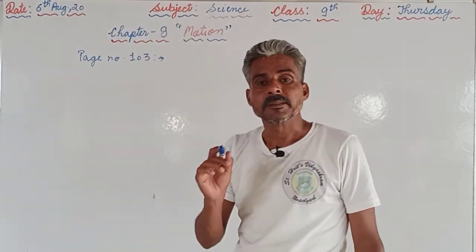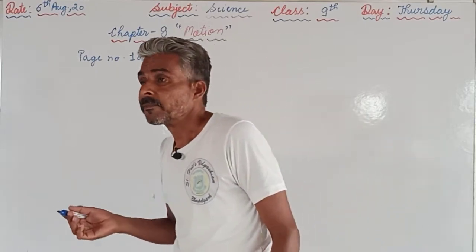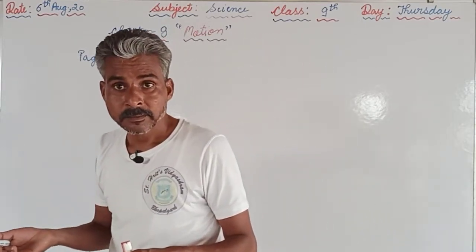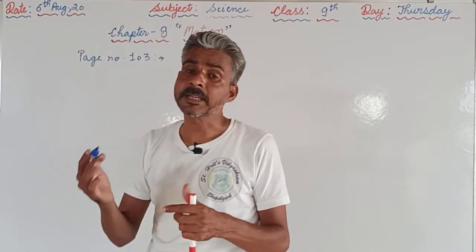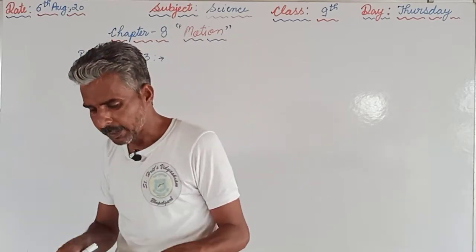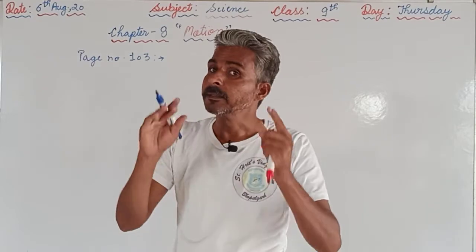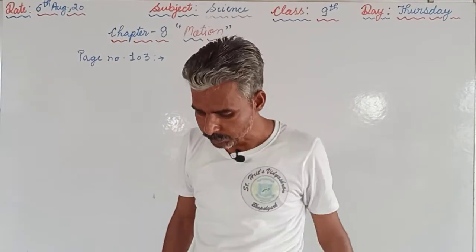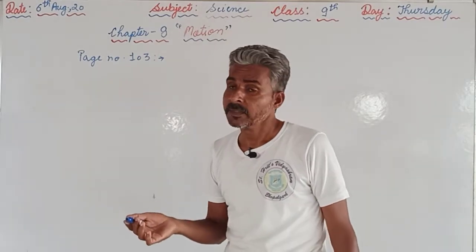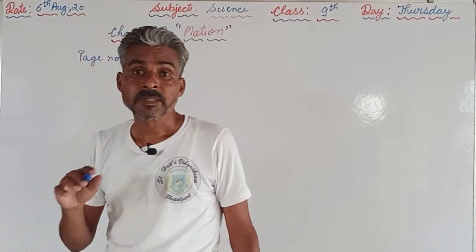First part, when the object is moving with uniform acceleration: if the rate of change of velocity, means either it is increasing or decreasing, is the same, then we can say the object is under uniform acceleration. At the same time, the direction should also be the same, means the object should move in a straight line, because if the direction is changing, the velocity will also change.